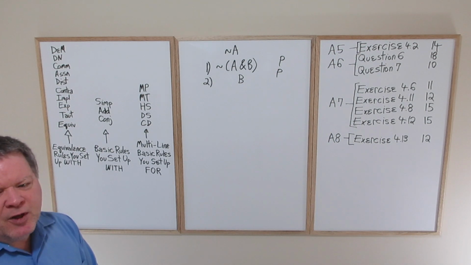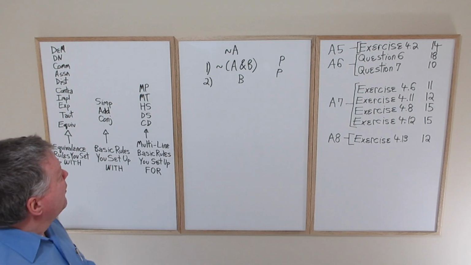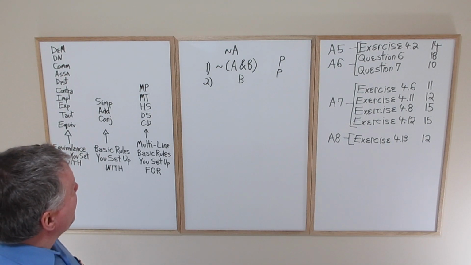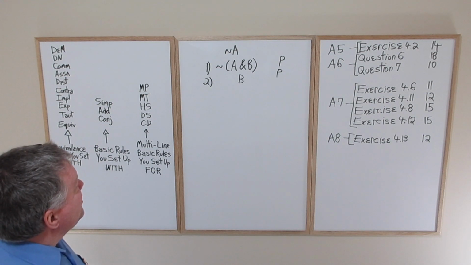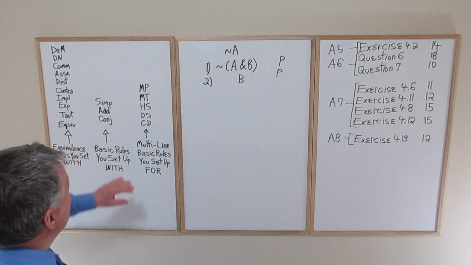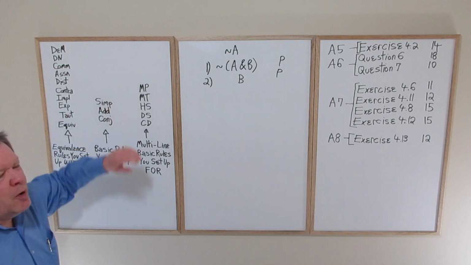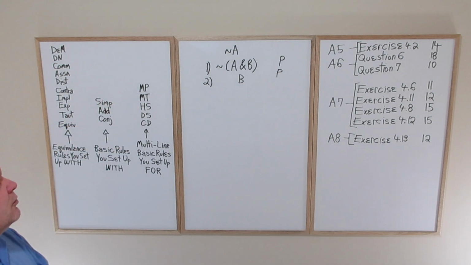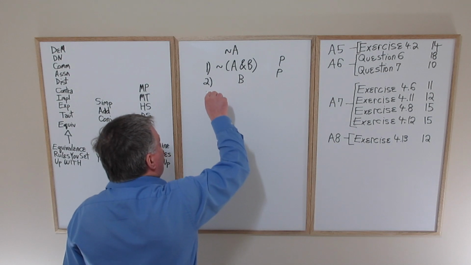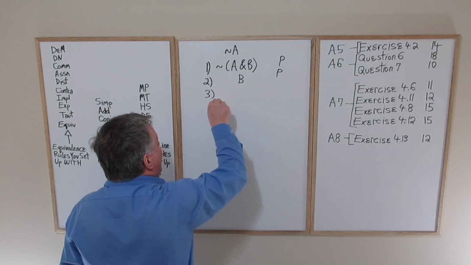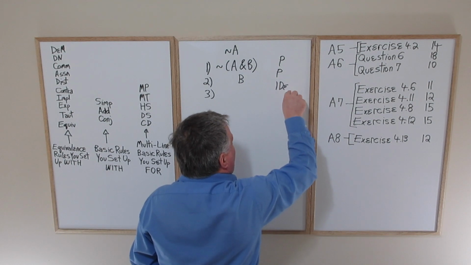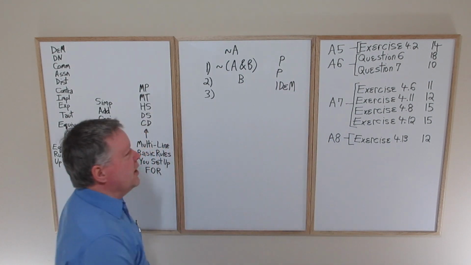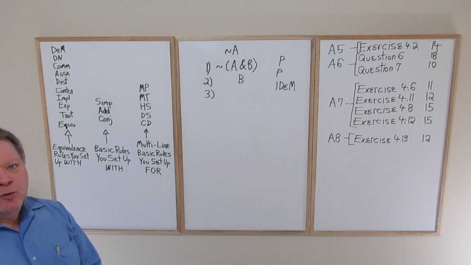With that in mind then, what we want to do is combine the B-related information in lines 1 and 2 in accordance with one of these basic rules. In order to achieve that goal, the first thing we're going to do is a De Morgan's on line 1.